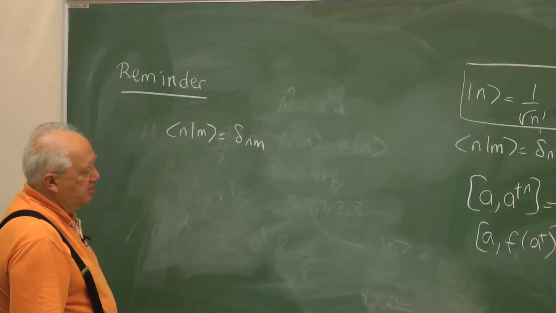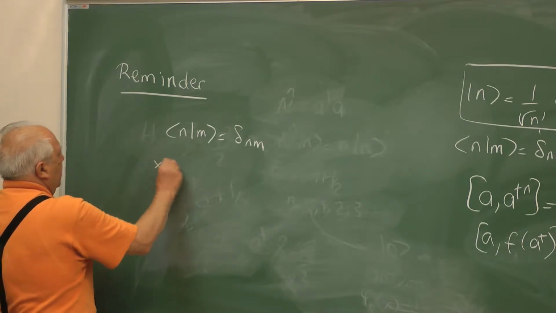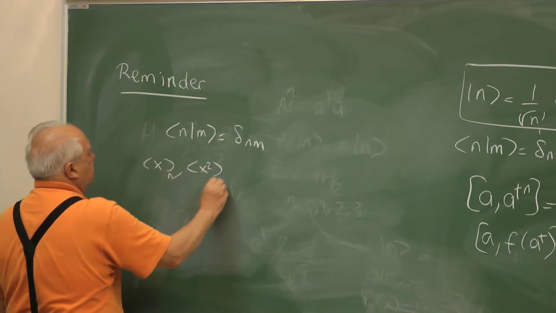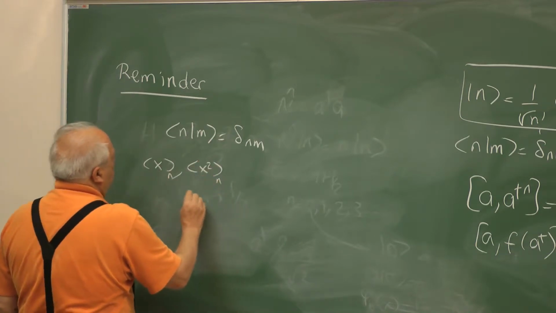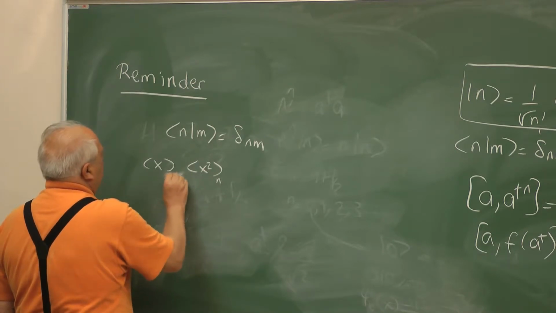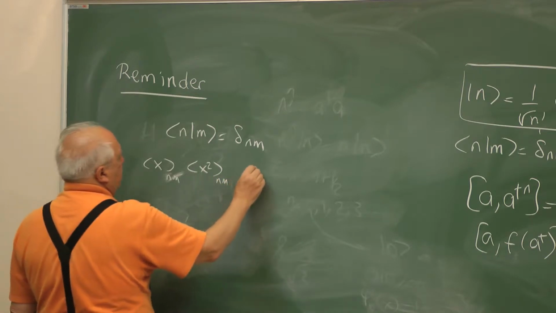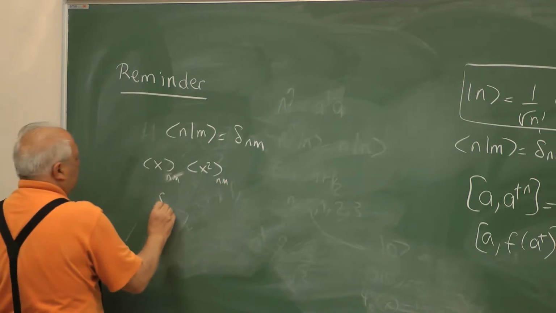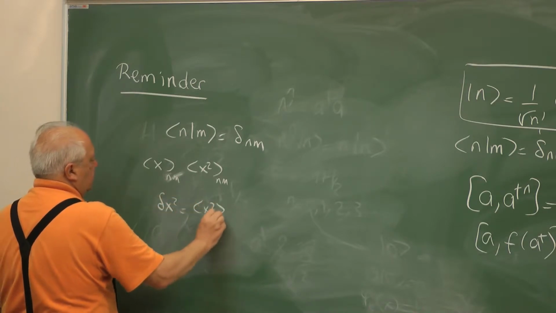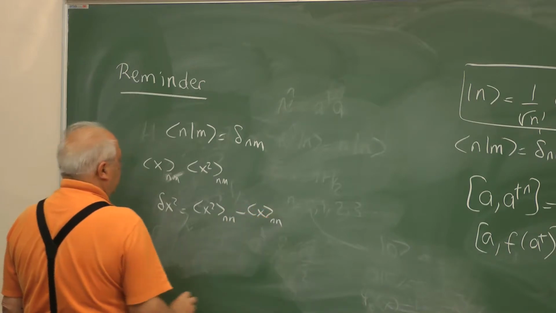And furthermore, we found x squared in the states |n>, and delta x squared as <x squared> minus <x> squared in the state |n>.